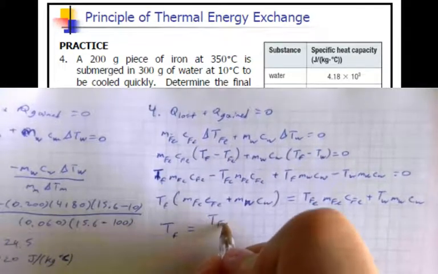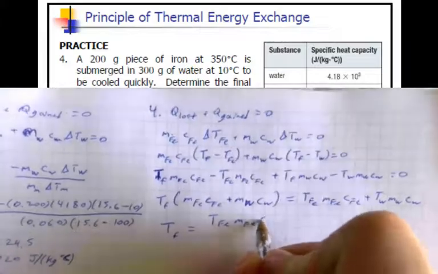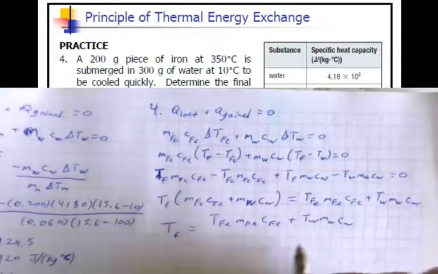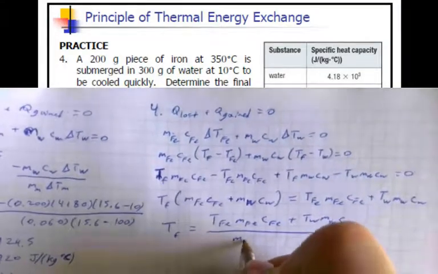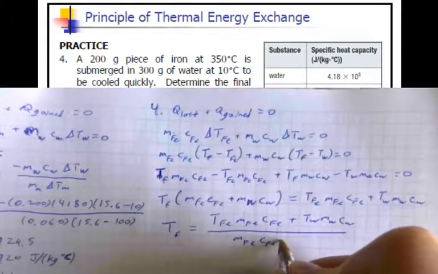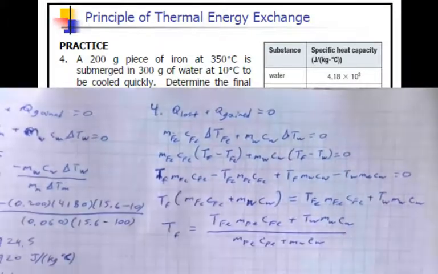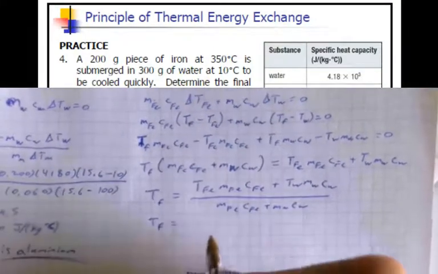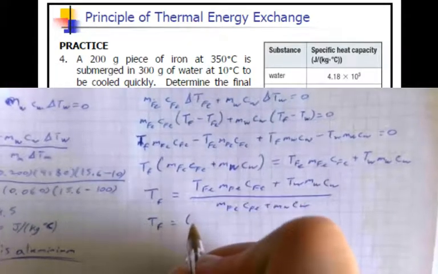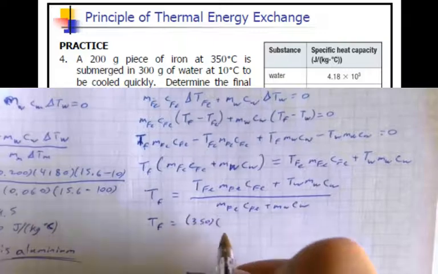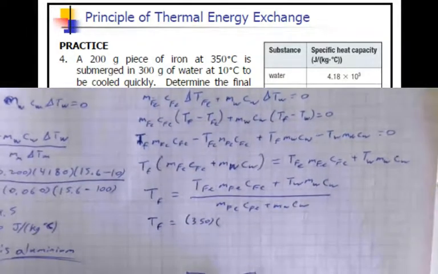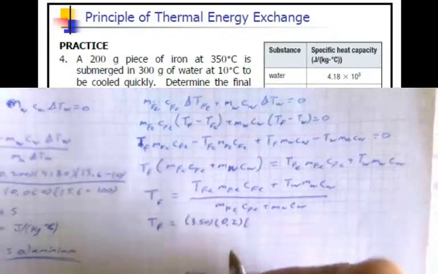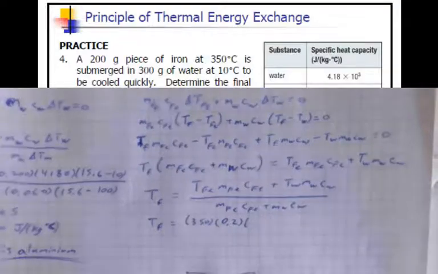So TFe MFe CFe plus TW MW CW divided by MFe CFe plus MW CW. So all of that, I am now going to substitute my values in. My iron temperature is 350. The mass of my iron is 200 grams, so 0.2. My C for my iron, reading from the table, it's 450.